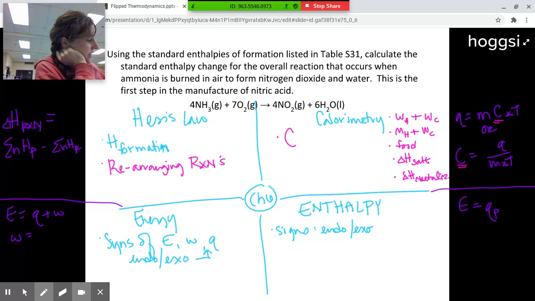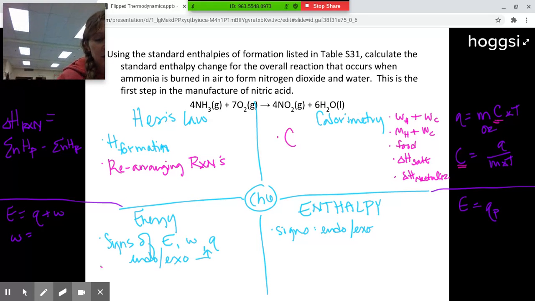What other details? Oh, you do have the law of thermodynamics.